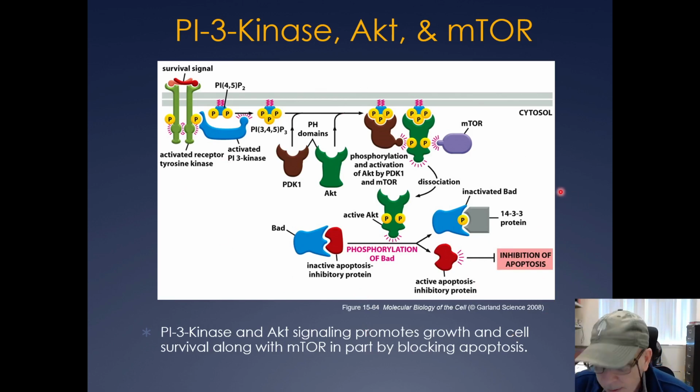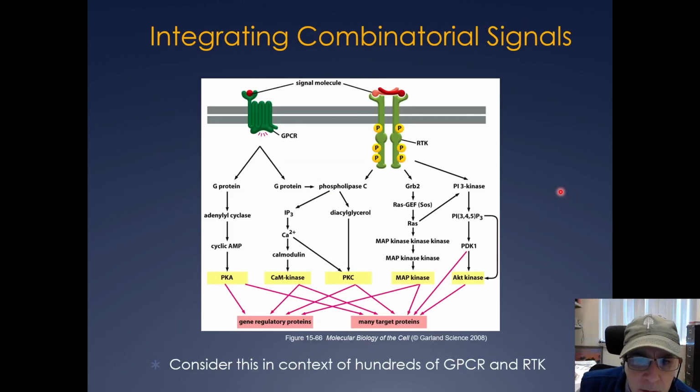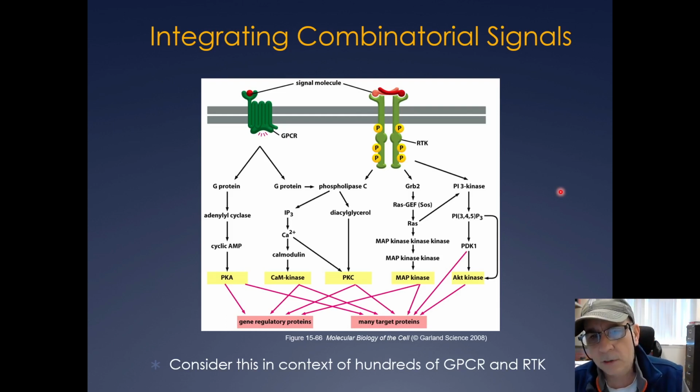Now, one of the things that you really have to appreciate, and I mentioned this in part A of today's lecture, is that a lot of these signaling cascades are interconnected, and they have a lot of crosstalk. We saw in the classical signaling cascade that it can integrate signals and it can also spread signals. Rarely do these things exist in a vacuum.